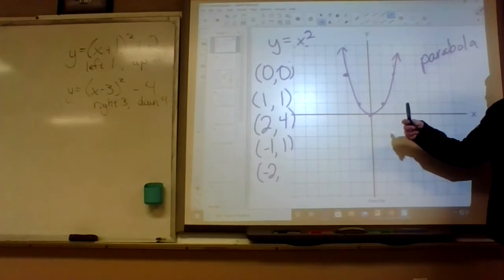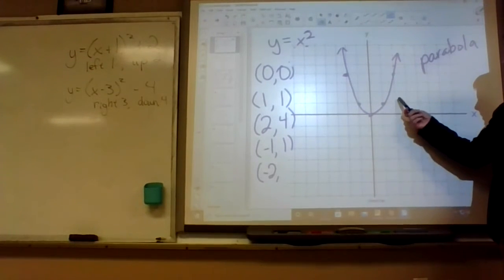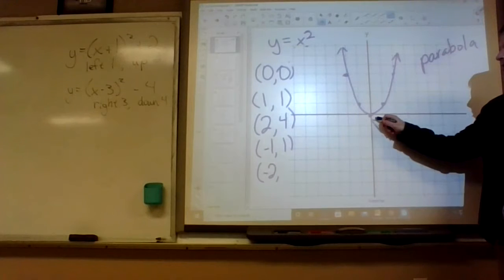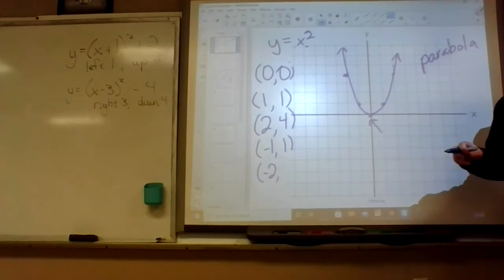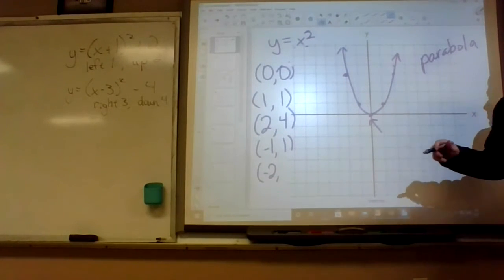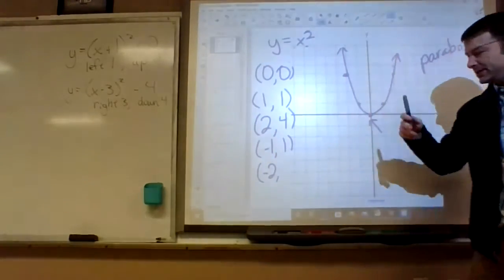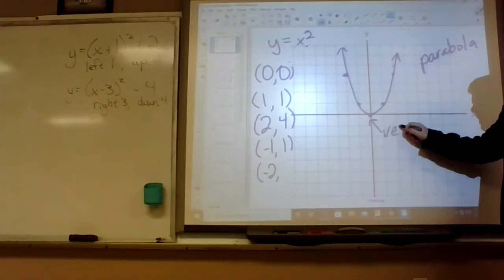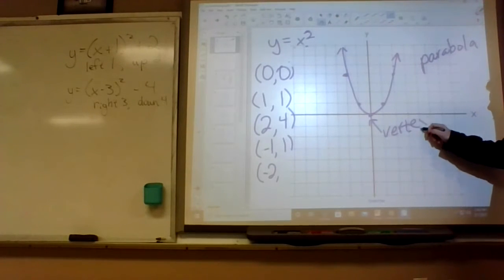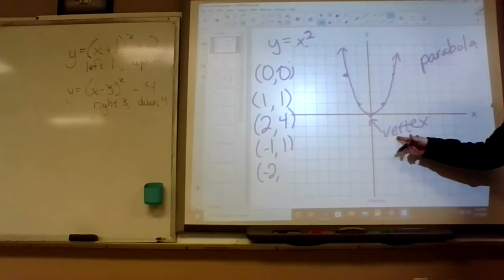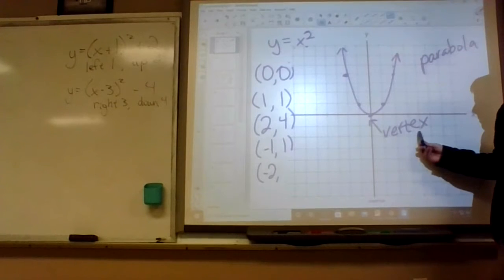So if it moves right or left, you just count from the middle to find that. What is this point right here called, do you think? It starts with a V, it's the same thing we called the absolute value point. It's called a vertex, and it's also the word you use in geometry for the corners of angles, the corners of shapes, vertex.